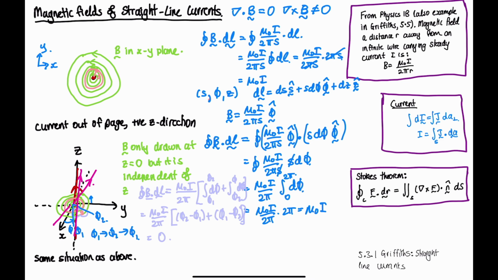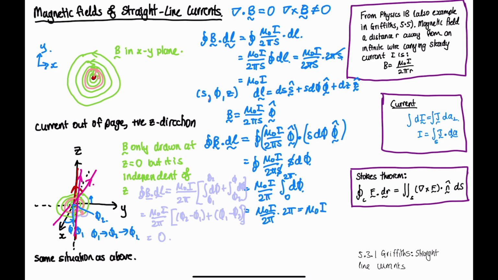What matters is if it's inside it or not, because we saw with this purple path, if the loop was outside the wire, then it didn't contribute. Well, in this case, each of these pink wires is going to contribute the same as the red wire. And so our current here is going to be the sum of the currents in each of these wires.